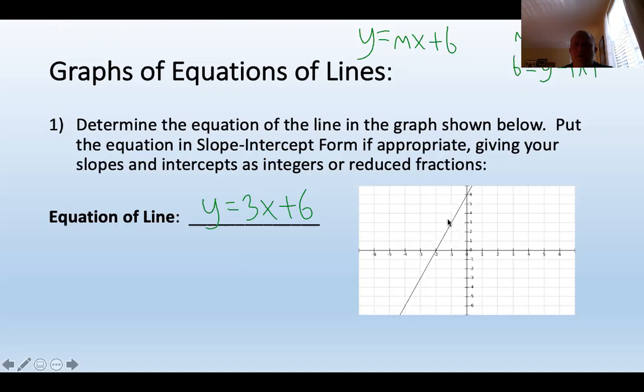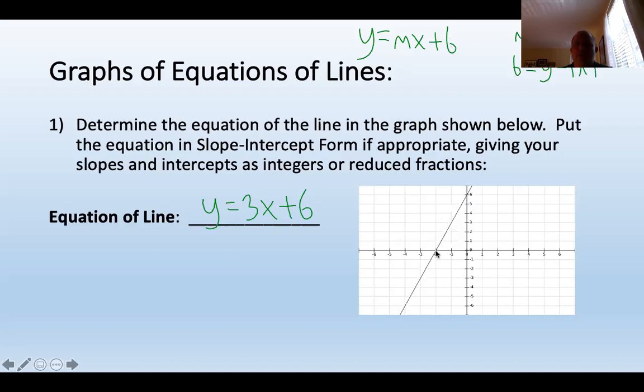When you look at this particular graph, you can determine from looking at the graph what the slope is and what the y-intercept is. You can see that the line is crossing the y-axis at 6. And so because it's crossing the y-axis at 6, we're going to plug 6 in for our b. And then to determine the slope, you just need to determine the rise over the run between any 2 points.